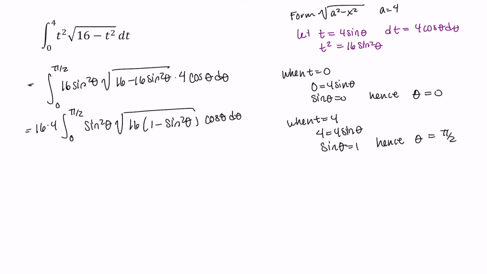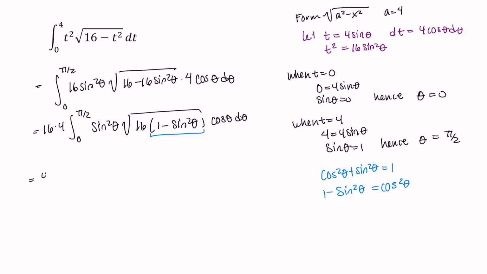Now using the Pythagorean identity, cosine squared theta plus sine squared theta equals 1, we know that 1 minus sine squared theta is equal to cosine squared theta. So I'm going to replace this whole quantity with cosine squared theta.